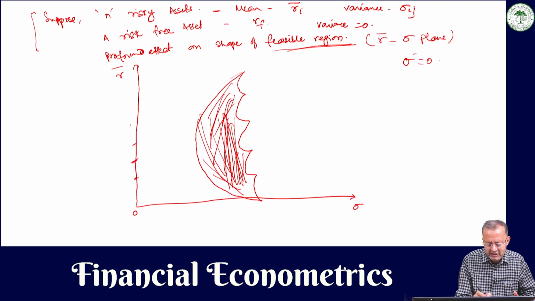On all the points on the vertical axis, what do you find? Sigma is equal to 0. So the assets with a certain fixed return, suppose R1, R2, R3, all these are risk-free assets along the vertical line.